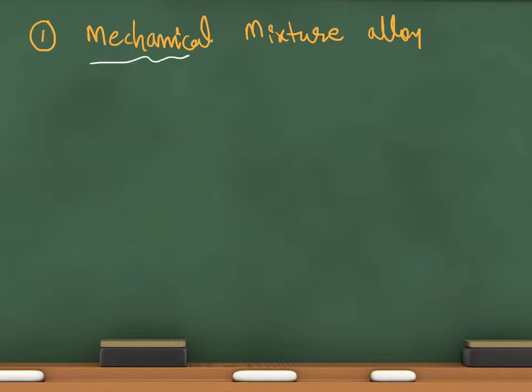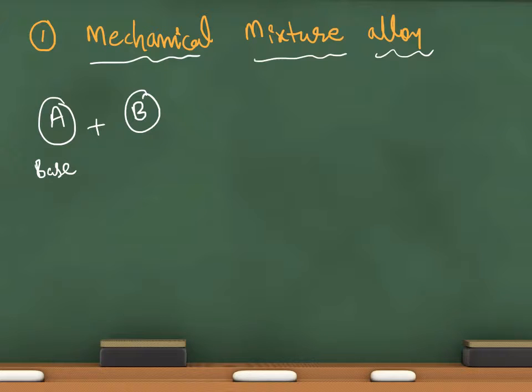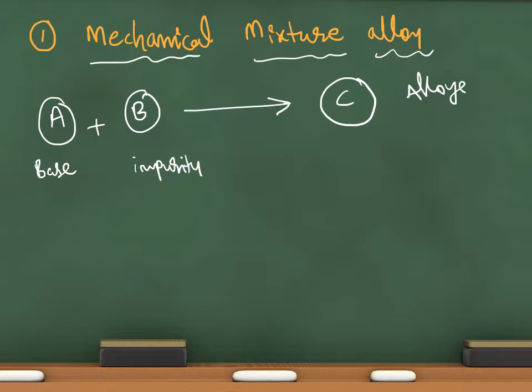What is our alloying process? We will have one base conducting material, this is base, and another foreign body, say an impurity, and this will result in an alloyed material.